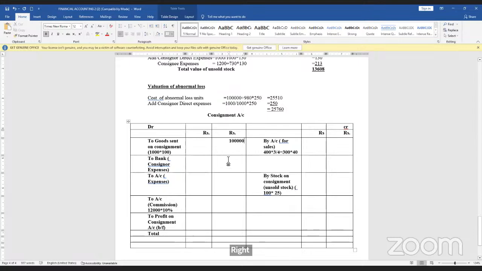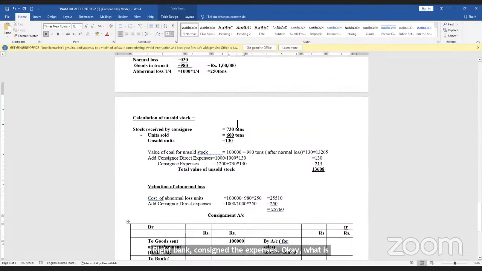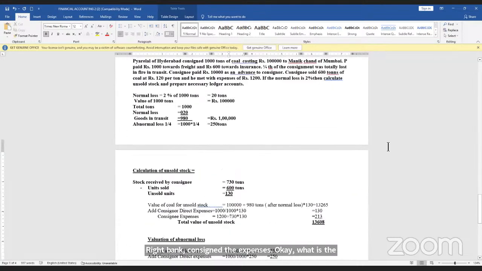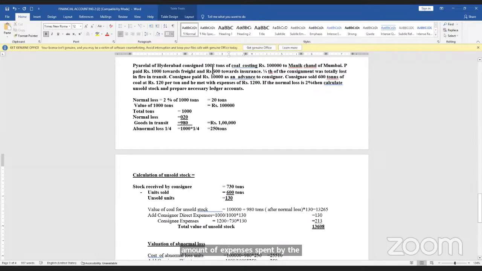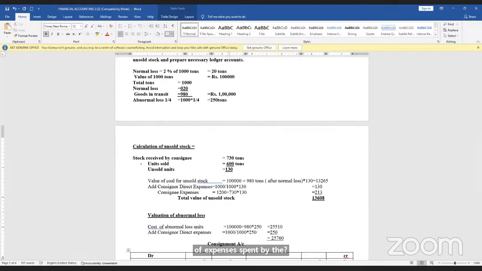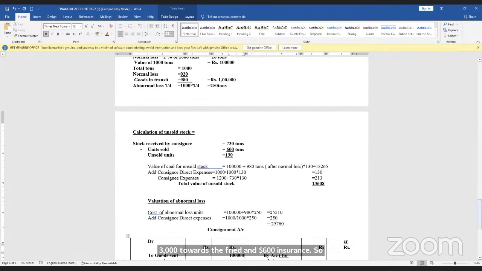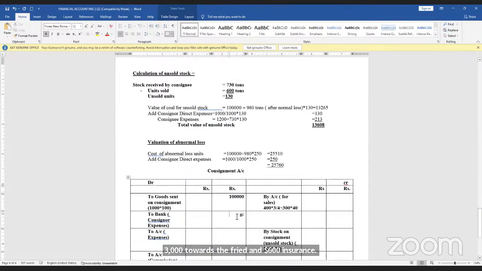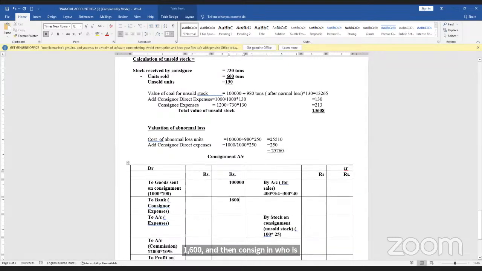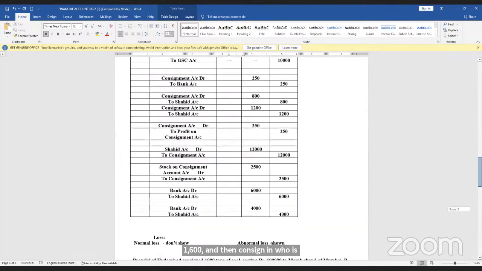Bank, consignor expenses. Okay. What is the amount of expenses spent by the consignor? Total 3,000 towards the freight and 600 towards insurance. So he spent total 1,600. Consignor expenses are 1,600. And then consignee. Who is consignee? None of you are answering.